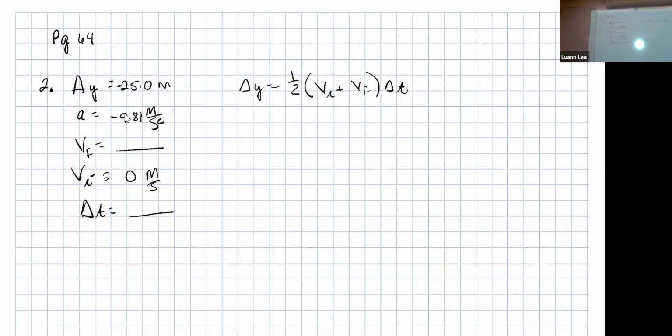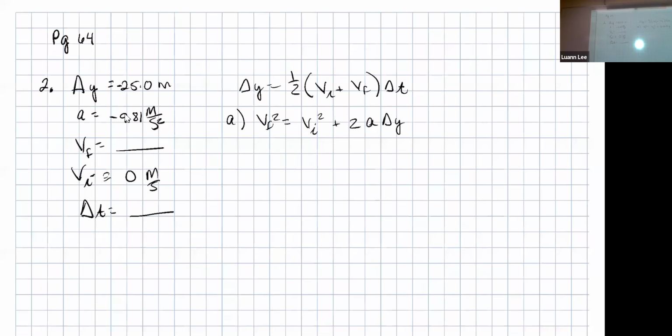Okay, so what are we going to do for A? I'm going to use the equation final velocity squared equals initial velocity squared plus 2 multiplied by acceleration multiplied by displacement. And then to make it simple, I just took the square root of both sides.